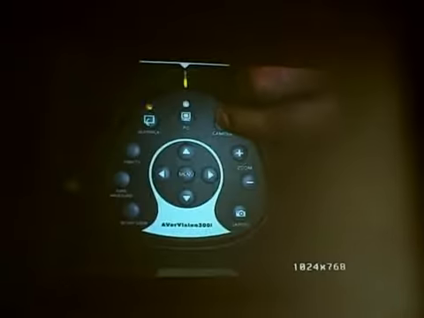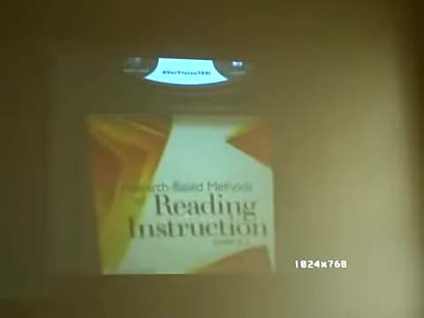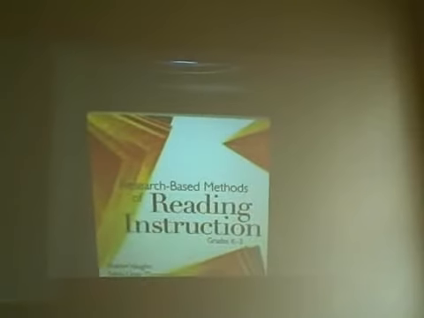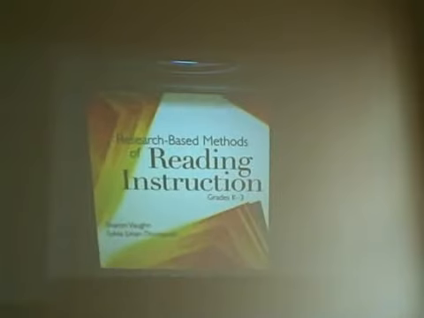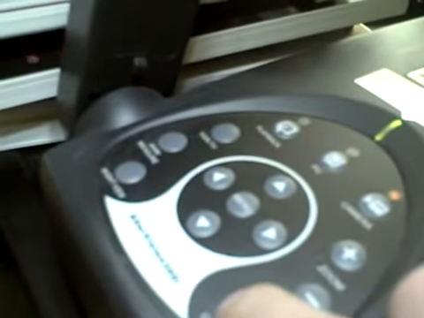Okay. To capture an image, you can see that I've gone back to the camera, and I've got a book here. You would simply point the picture, get it exactly the way you want it, and press the Capture button.